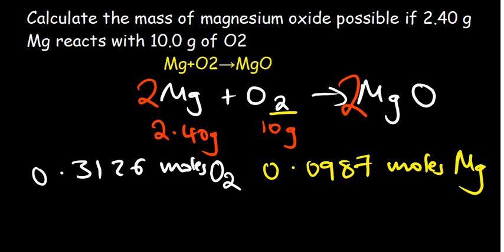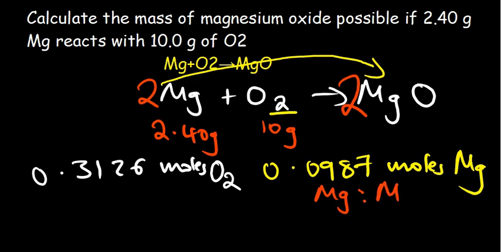Magnesium compared to magnesium oxide is in the ratio of 2 to 2, which is just like 1 to 1. When two reactants, or a reactant and a product, are in the ratio of 1 to 1, it tells us that they have the same number of moles.